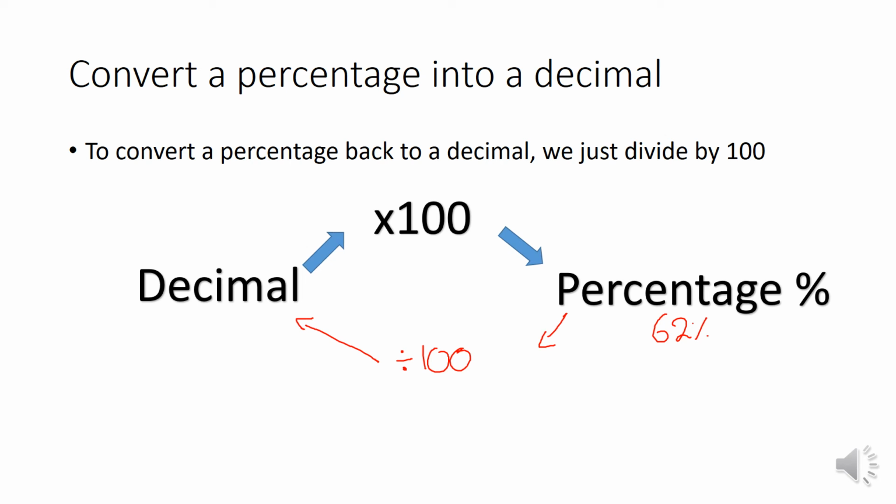We divide by 100. I'm going to write 62 as 62.0. When we times by 100, it moves the decimal 2 places to the right. If we divide, it moves it 2 places to the left. So as a decimal, 62% is 0.62. Very similar idea, just going the other way now.